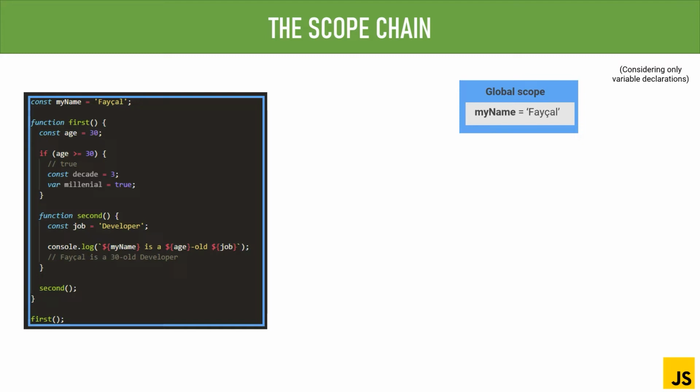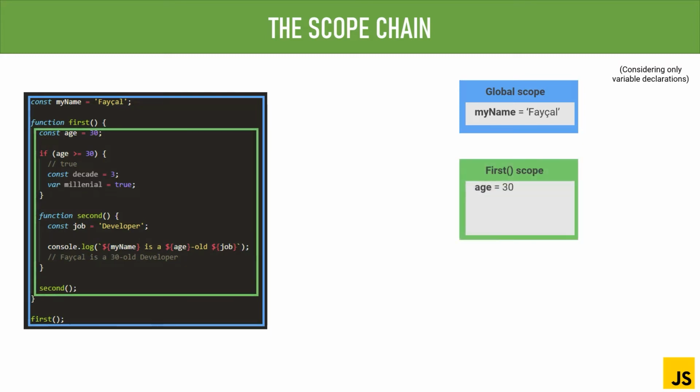Anyway, inside the global scope, we have the scope for the first function, because each function creates its own scope, remember? And what's in the scope? Well, it's the age variable that's declared right at the top of the function.